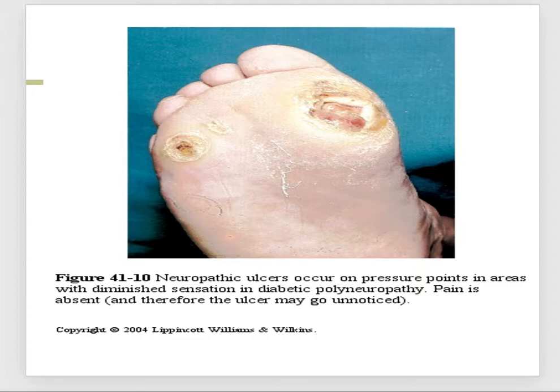Podiatrists are great at dealing with all of this. They will clean the wound, they will pack the wound, they will tend to their feet, they'll trim their nails, they'll get everything situated. So podiatrists and diabetes are usually hand in hand. In the world of exercise, I talk about socks. I want a good quality sock, not just a cotton sock that's going to get wet and soggy with sweat, right?